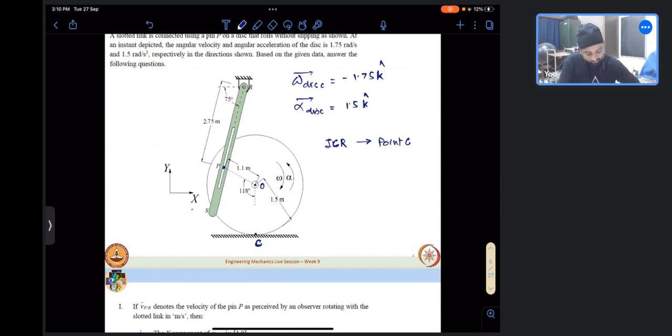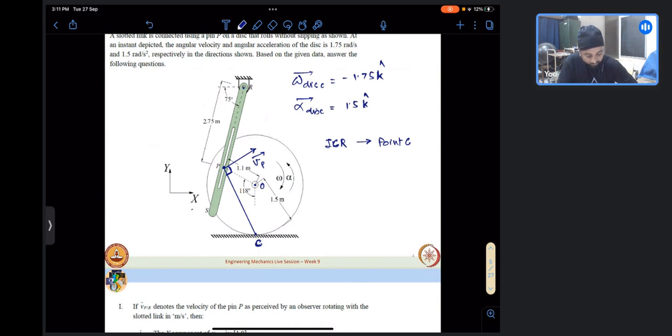Here we can see that C is the ICR, so our velocity of P will be perpendicular to this point. So this is our velocity of P vector. Now, if a person were rotating with this slotted link PS, RS, what would the person observe as the velocity of P?